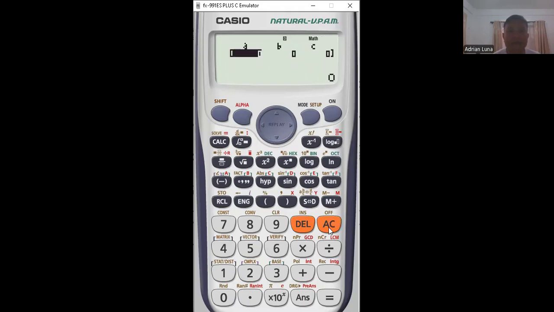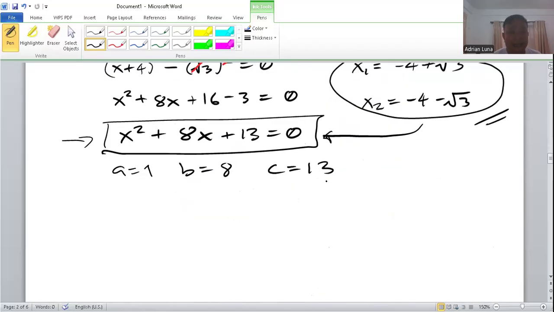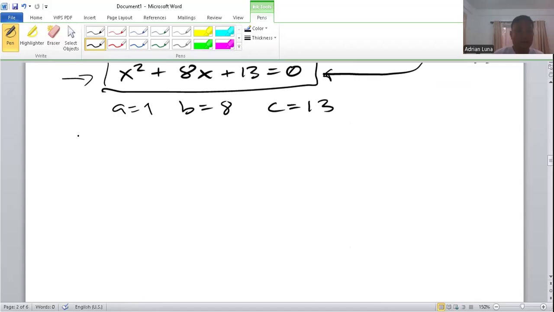Okay. Now, let's move to our last example. What if yung roots natin is combination? Example number 5, combination of fraction and the radical.